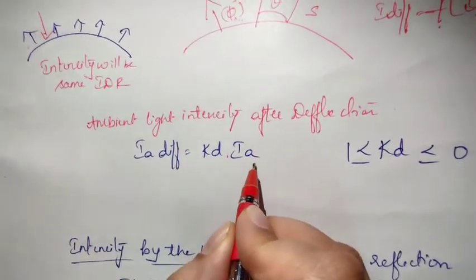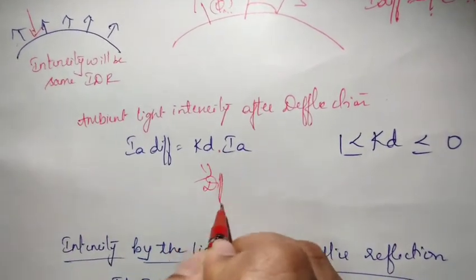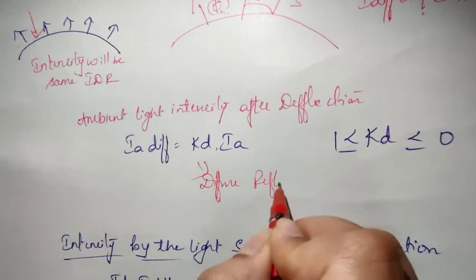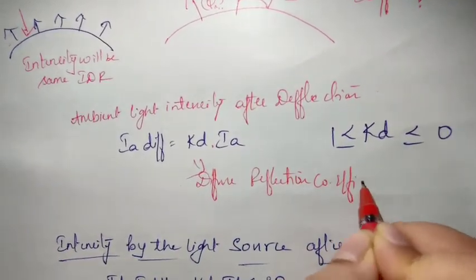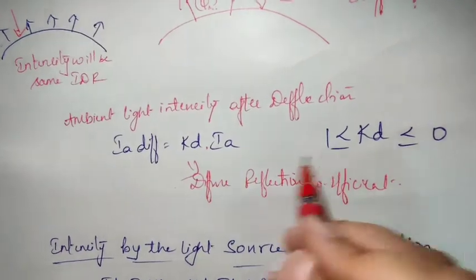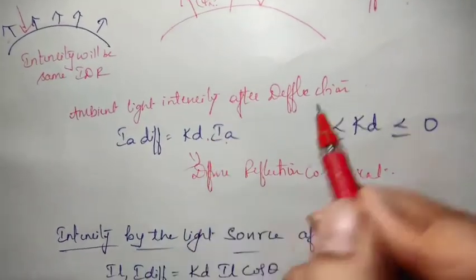So what does KD mean? Diffuse reflection coefficient. IA, we all know, is the ambient light intensity.